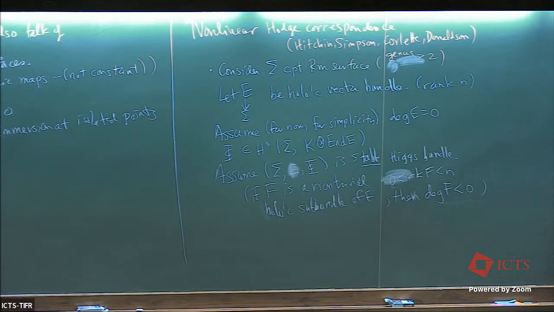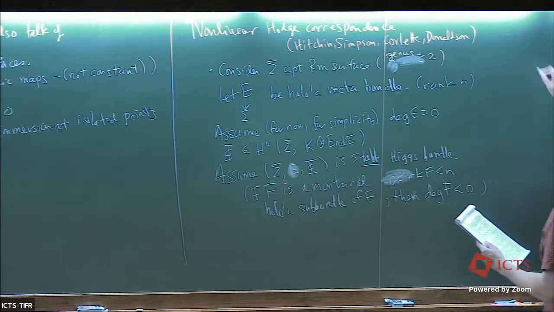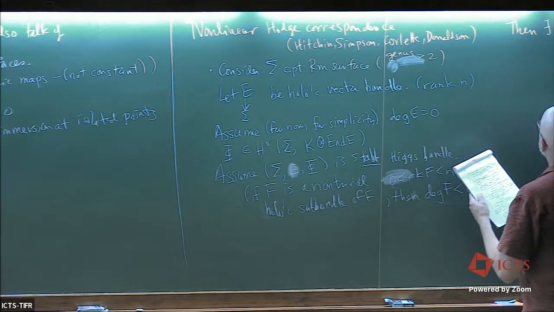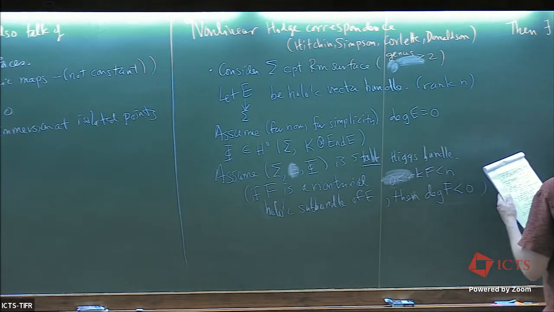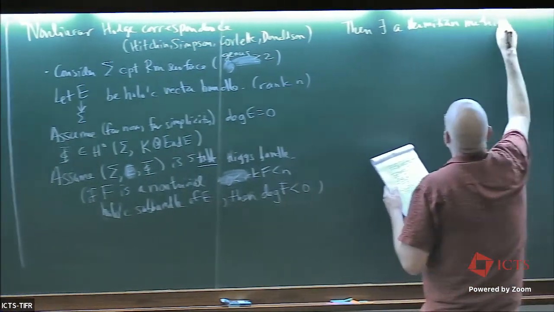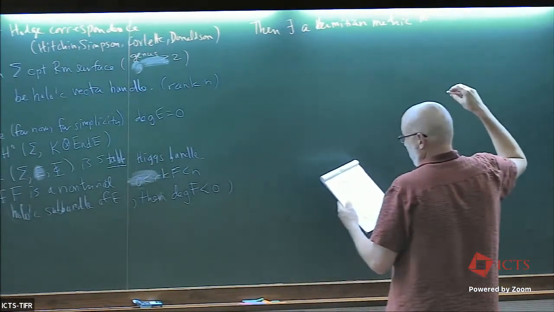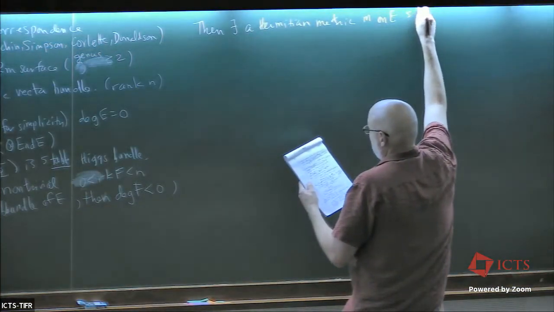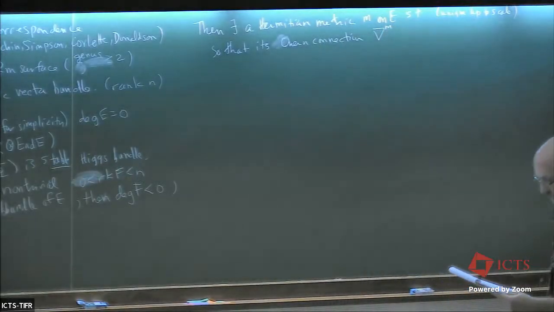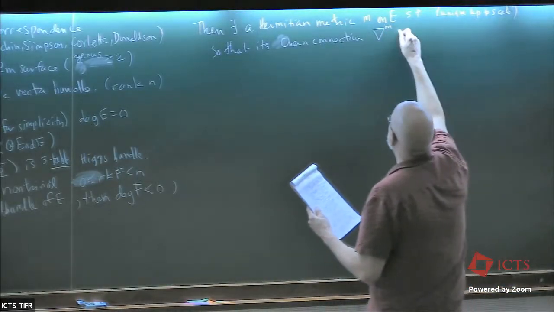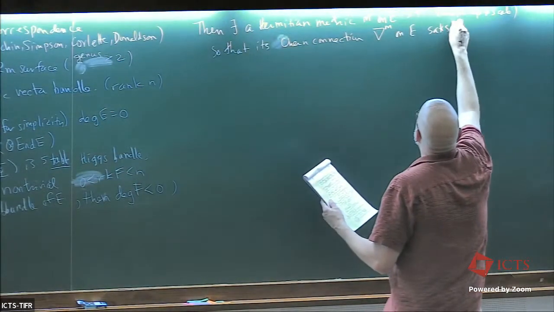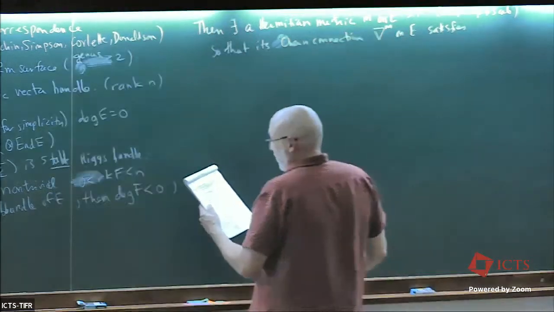All right. So then there exists a Hermitian metric, I'll call it m, small m, on E, and this is going to be unique up to scaling, with nabla sub m on E satisfying the following.